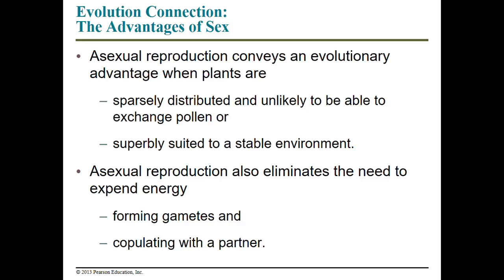Animals are also oftentimes at their most vulnerable when they're fertilizing eggs. So most are vulnerable to predation, which would be another handy thing for asexual reproduction.